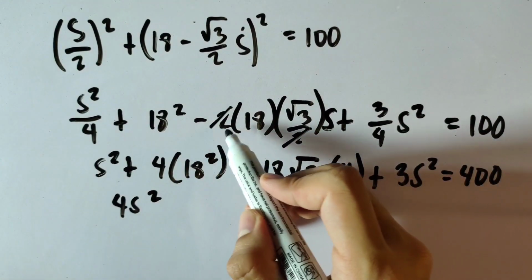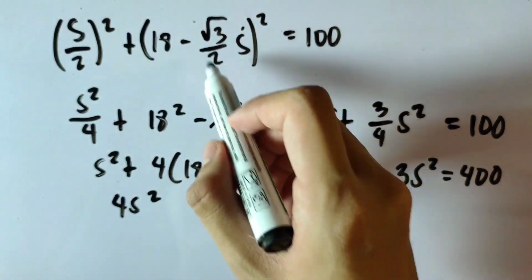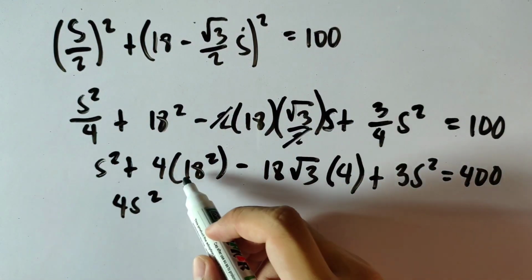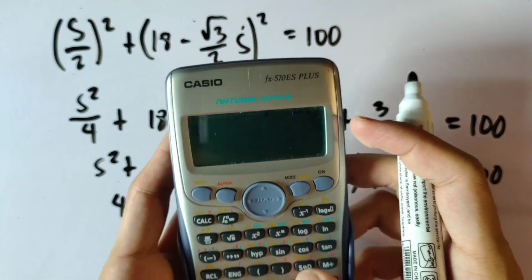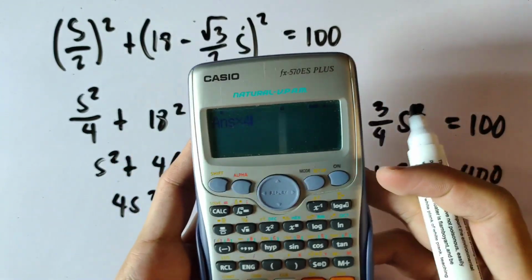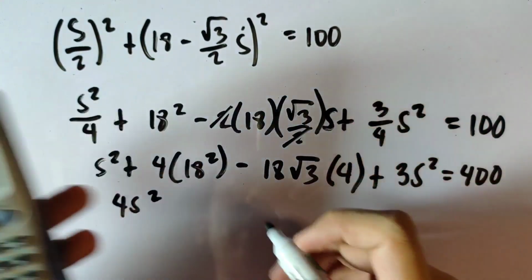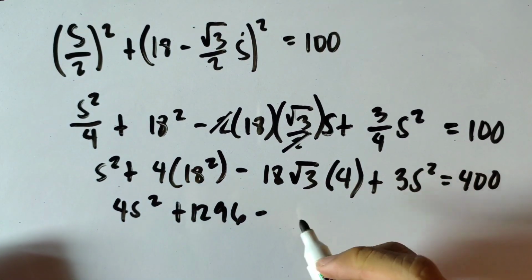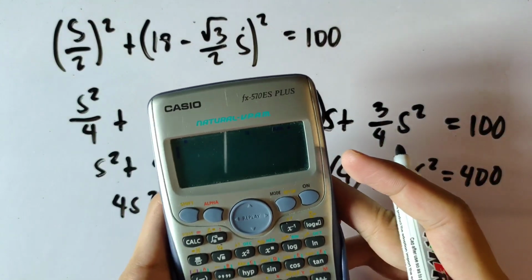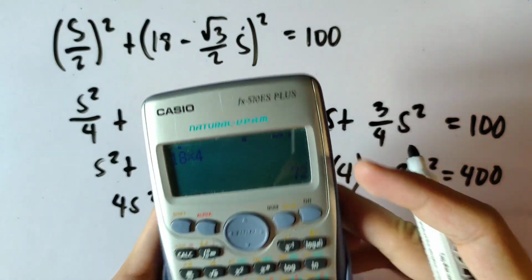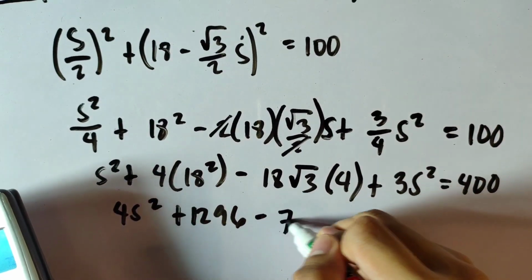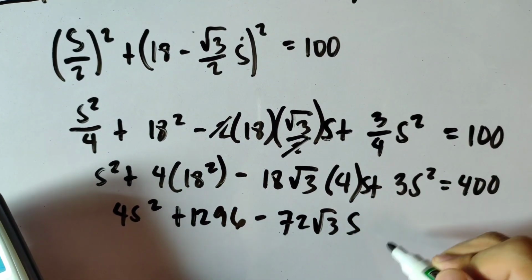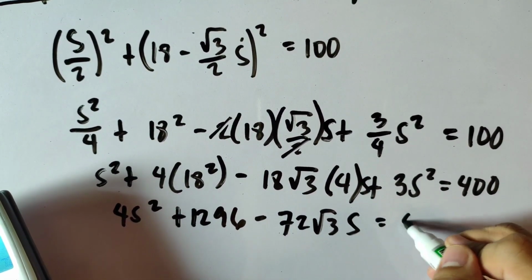Kasi itong term na to ay 2 times 18 times tong term na to. Dapat merong s yan. So, bumalik tayo dun. So, ito, 18 squared times 4. Meron tayong 1296 plus 1296 minus 18 times 4, 72 square root of 3 s is equal to 400.